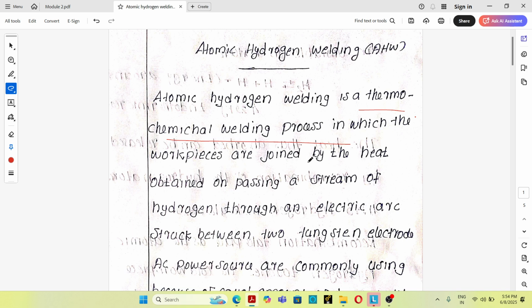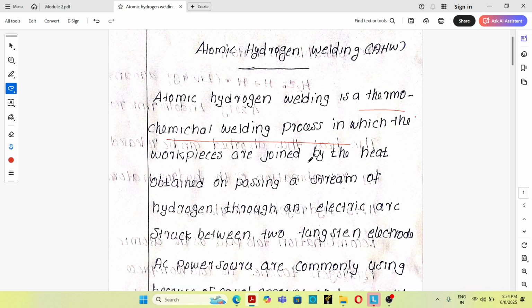When these hydrogen ions contact the cool base metal, they recombine. That is an exothermic reaction. The first one is an endothermic reaction, the second one is an exothermic reaction. Exothermic reaction means liberating heat energy.